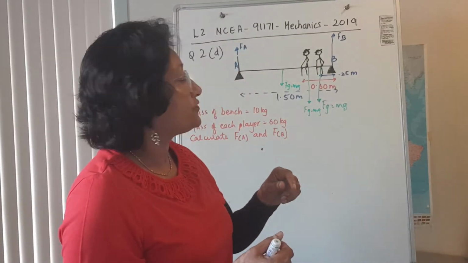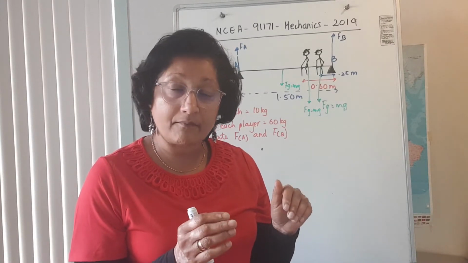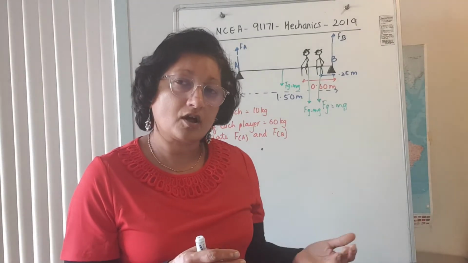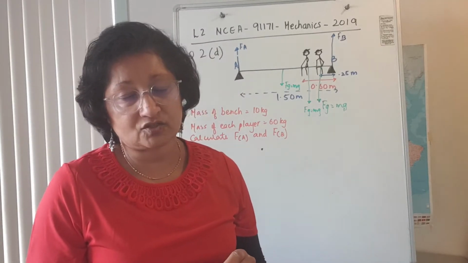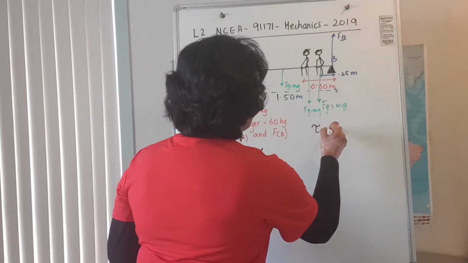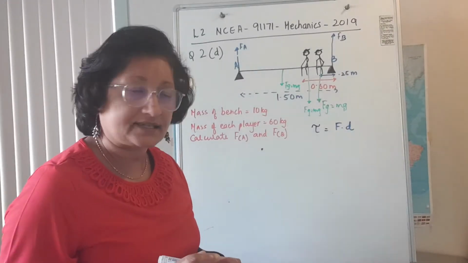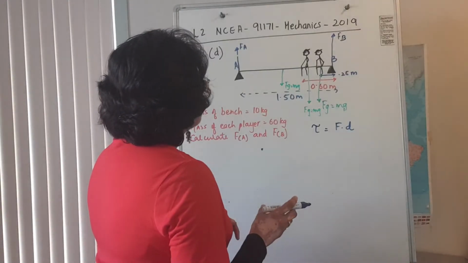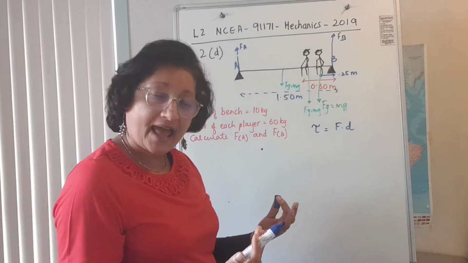For rotational equilibrium, we say that the sum of the clockwise torque equals the sum of the anti-clockwise torque. And the formula for torque is force multiplied by perpendicular distance. So let's first of all figure out which one's clockwise and which one's anti-clockwise.